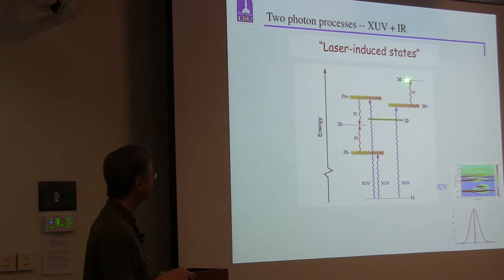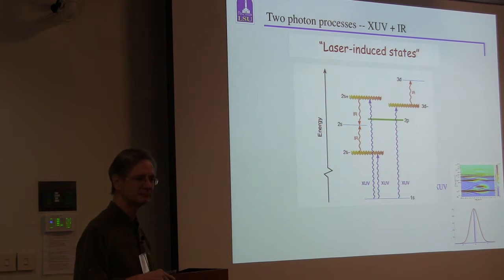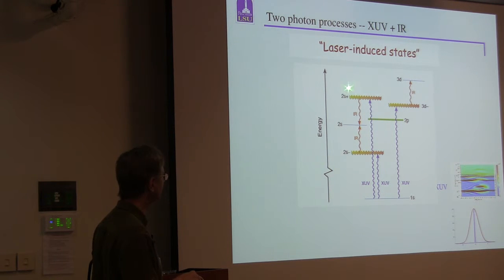That's sort of the thing. And so we can characterize these light-induced states in terms of the dark state that is being coupled to the light state in order to give you that feature. So we call this feature the 2S plus because it's 1 photon, 1 IR, above the 2s state. Here's one below.